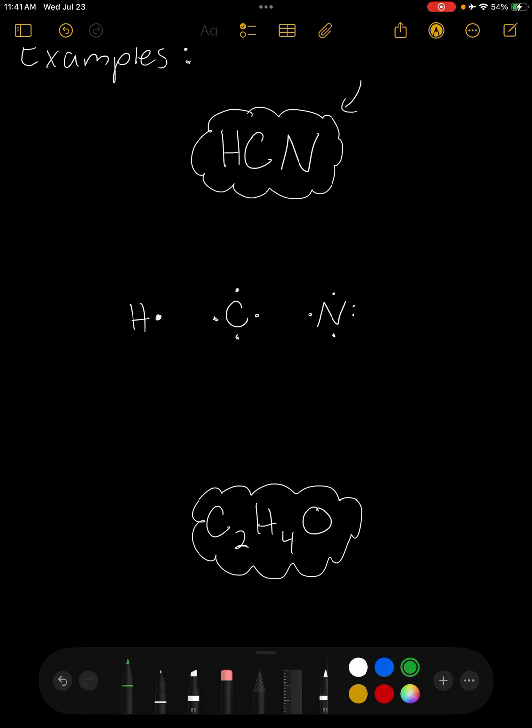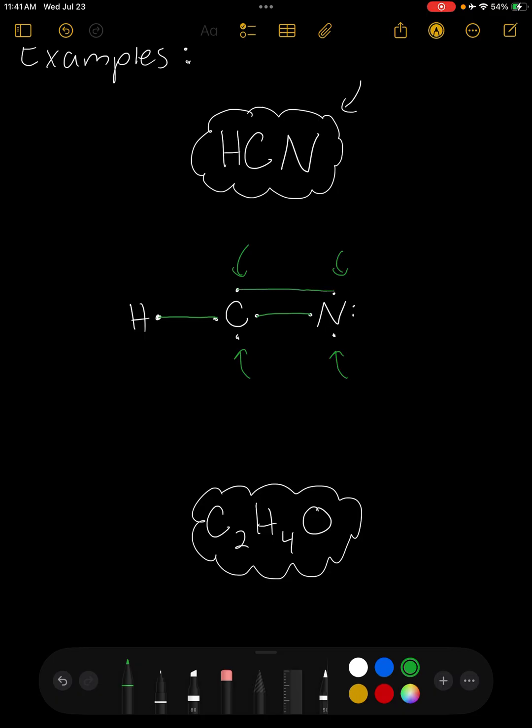Next, we start drawing bond lines. I'm going to draw the obvious one between hydrogen and carbon, and then we got to look at what's left over. We know these guys are going to bond, but what I'm noticing is that I have 2 unpaired electrons on both carbon and nitrogen, and if that happens, they end up scooting to the center and forming bonds, right?